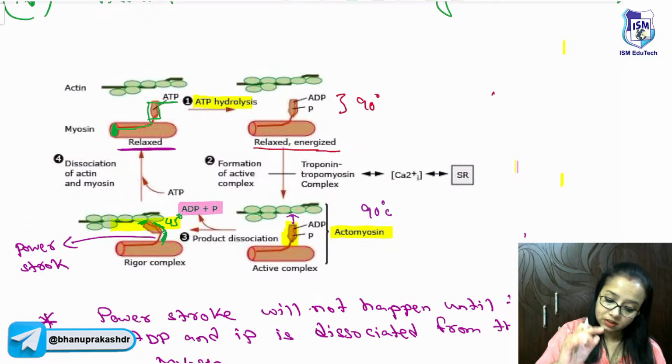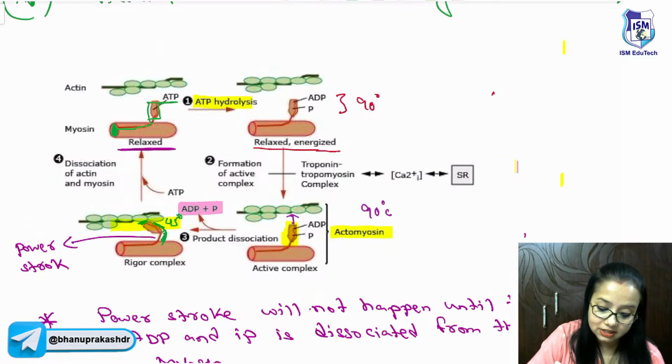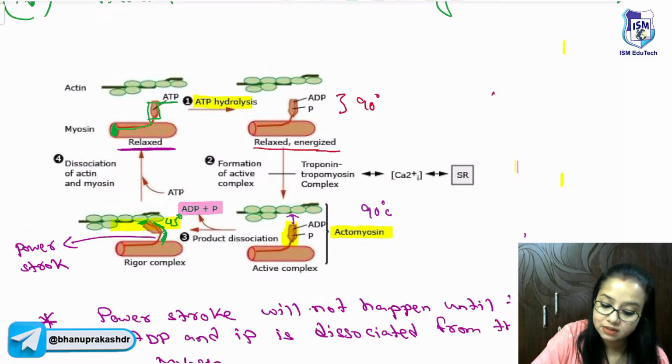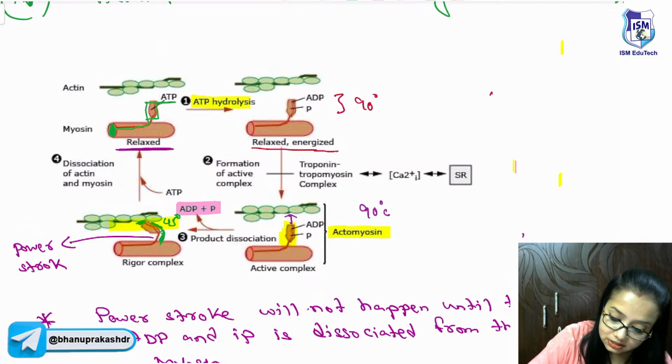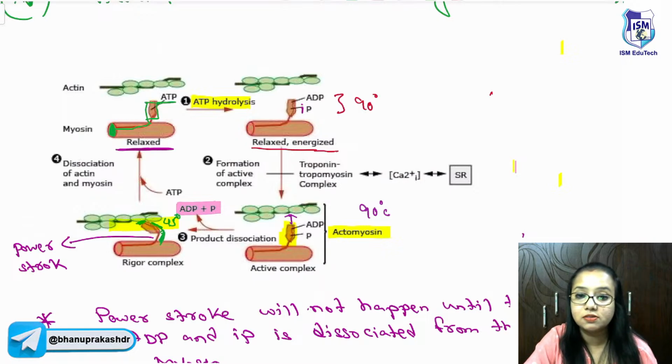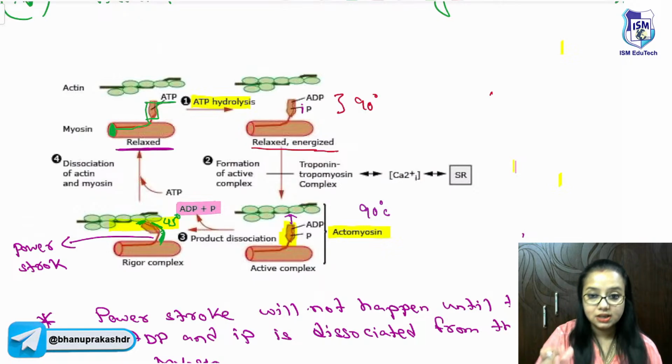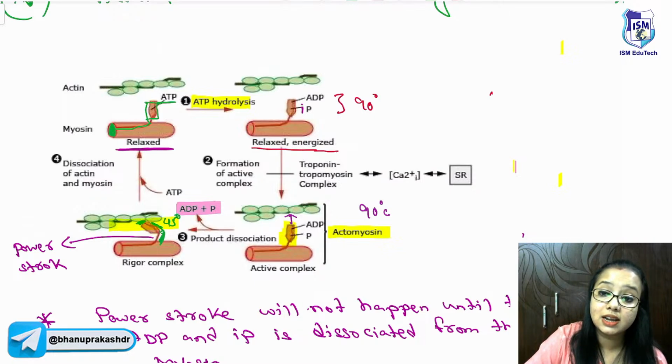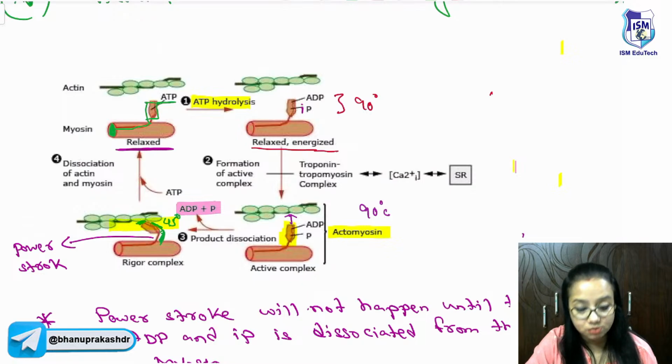Okay. In the hydrolytic site, the ATPase enzyme breaks down the ATP into ADP and IP. So once this ADP and inorganic phosphate IP is formed, it is activated, it is energized. In this energized condition, it lies at 90 degrees in respect to the actin molecule.